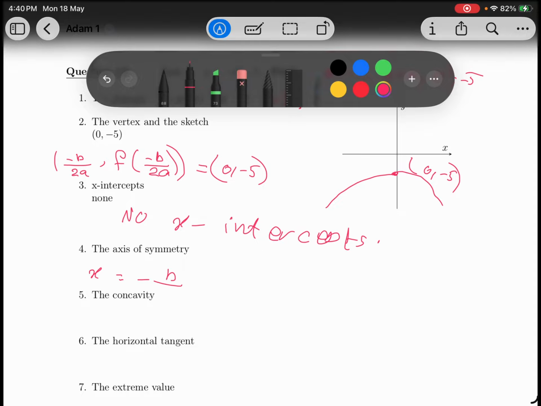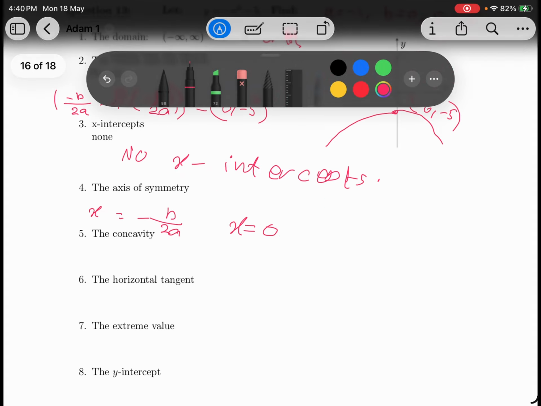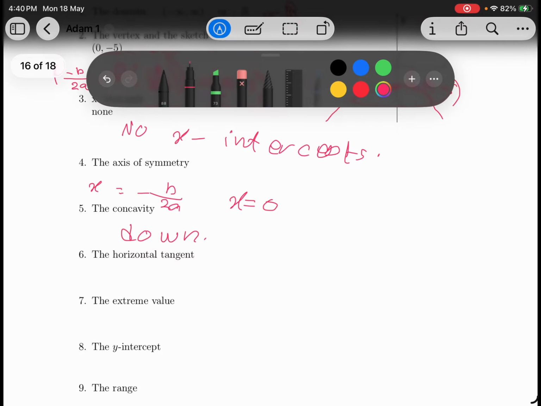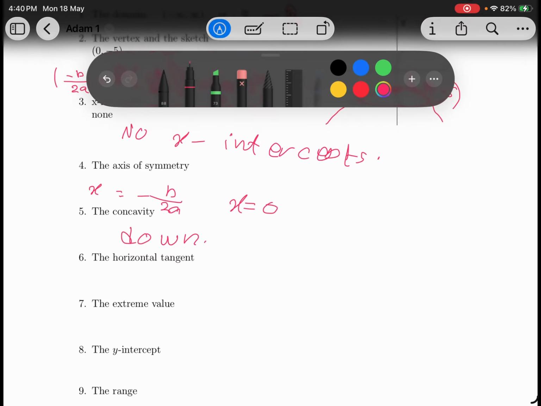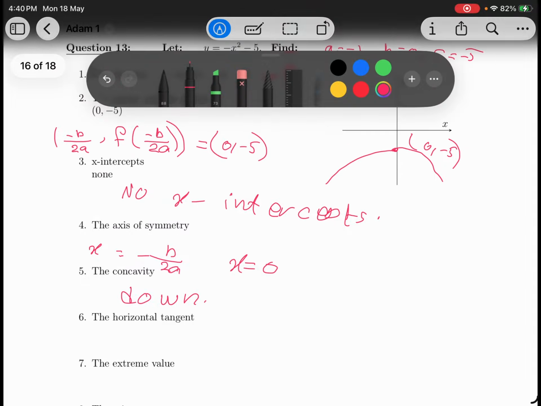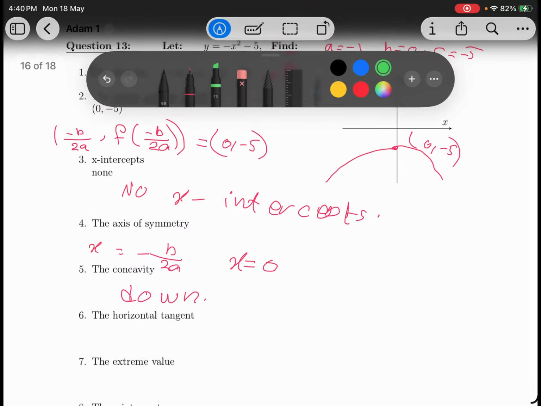Okay, again, the axis of symmetry, which is the x coordinate of the vertex, is x equals minus b over 2a. This is something you can calculate: x equals 0. And the concavity is of course down, because the leading coefficient a is negative. The only horizontal tangent line is y equals the y coordinate of the vertex, so y equals minus 5.